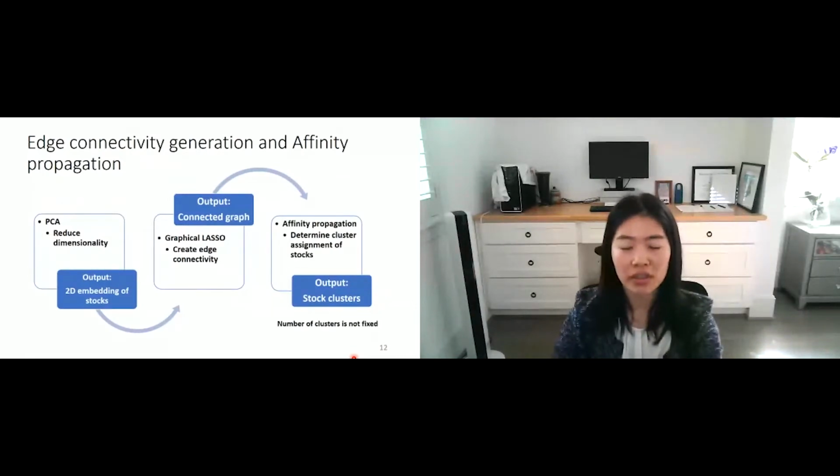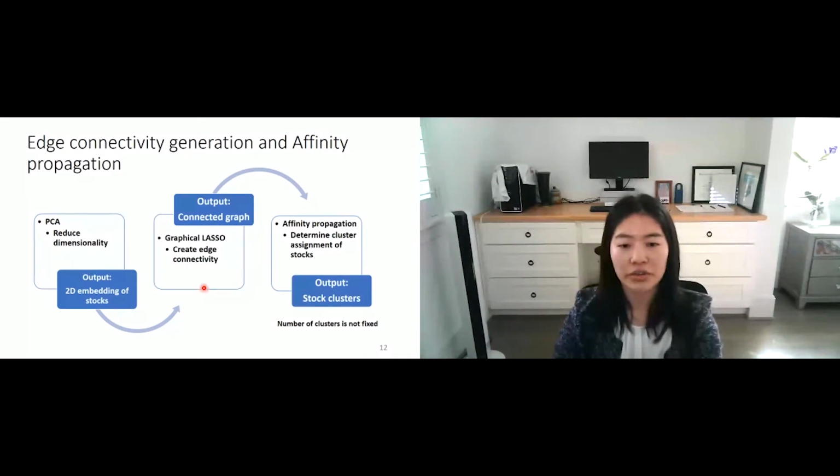And now I'm showing the edge connectivity generation and affinity propagation steps. The first step is PCA to reduce dimensionality, and we get a 2D embedding, and this is also how we did our 2D visualizations. And that is the input to graphical lasso.